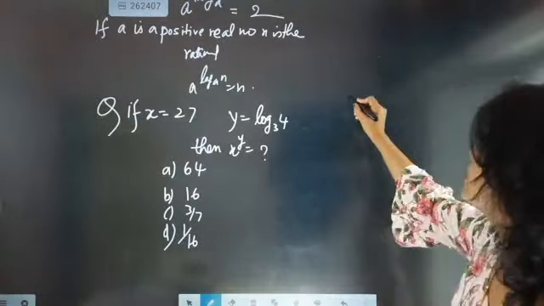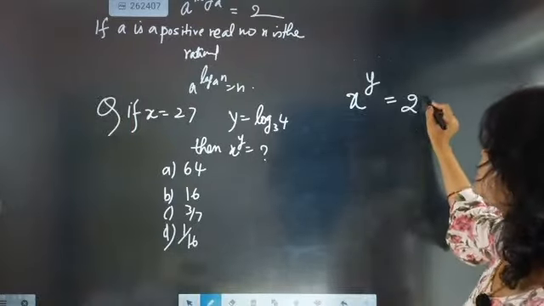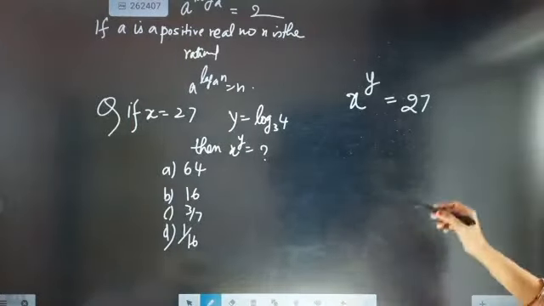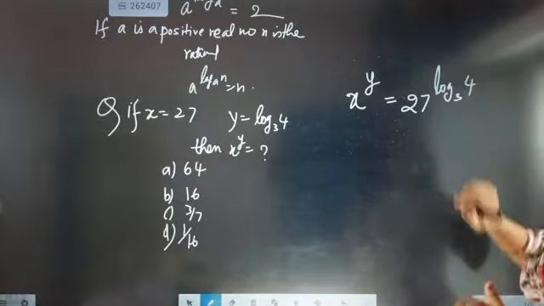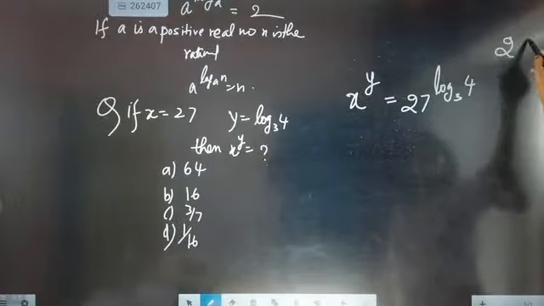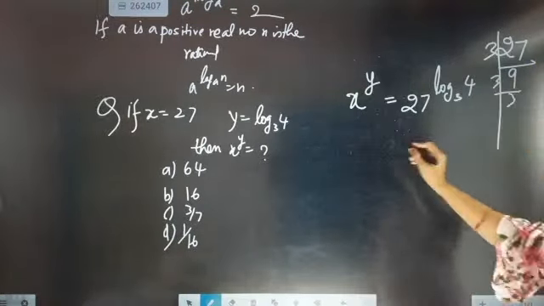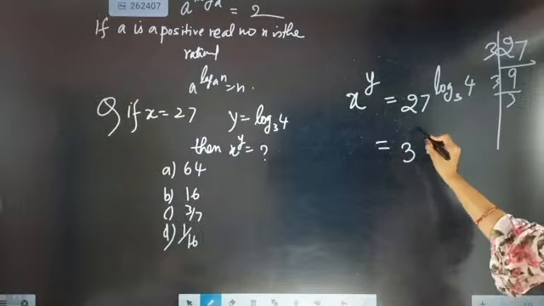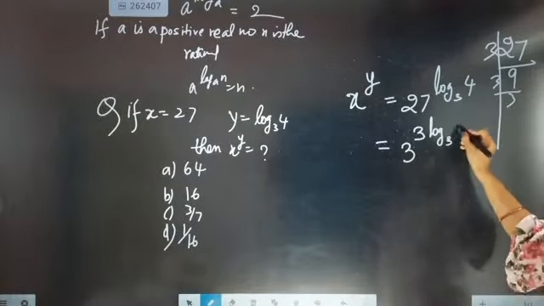Now look here. The question given to you is x to the power y. So what is x? x is 27. And what is y? y is log base 3 of 4. Now only one problem here is 27. If we find the factors of 27, it will be 3 times 3 times 3. So 27 will be written as 3 to the power 3, and here log base 3 of 4 is there.